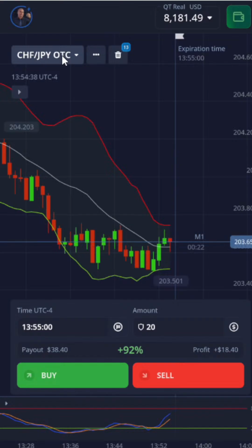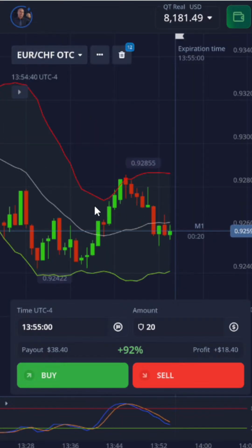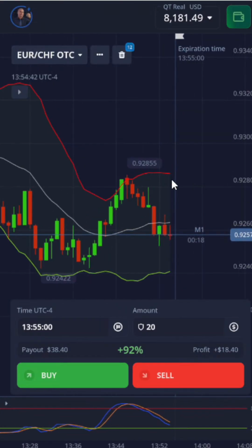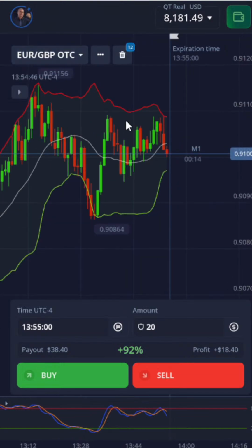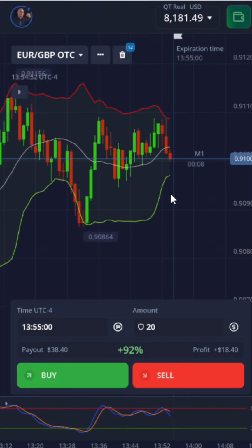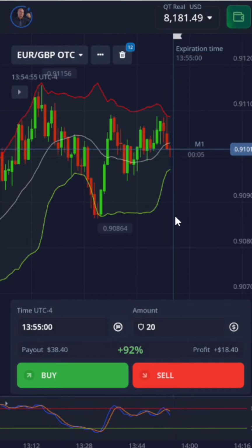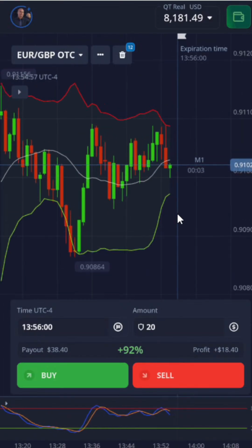Also, on my other account I will withdraw too. On my other account, I'll leave like $40,000 or $50,000, because I trade like $1,000 each time, so I have to leave more money on the other account.